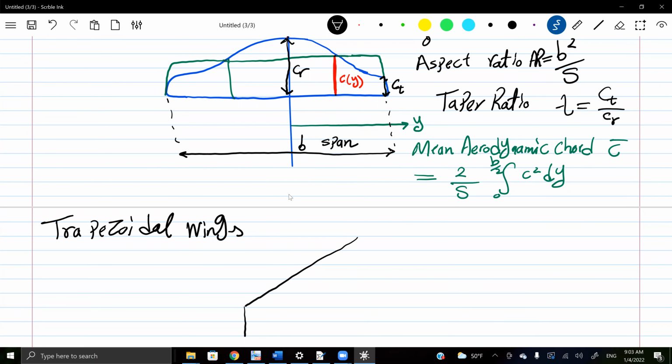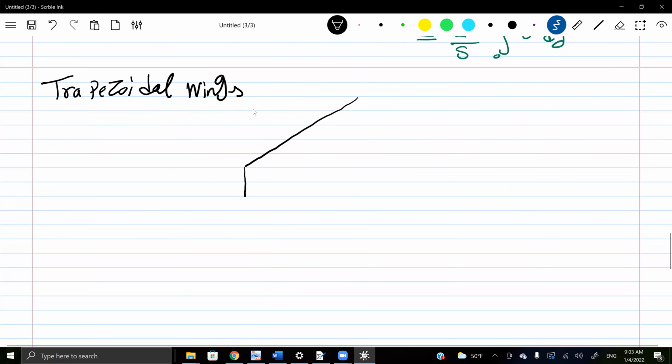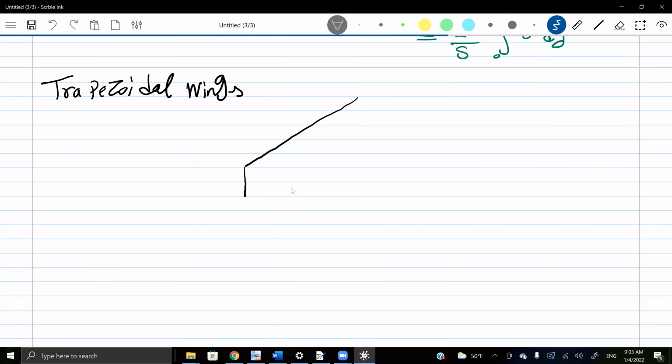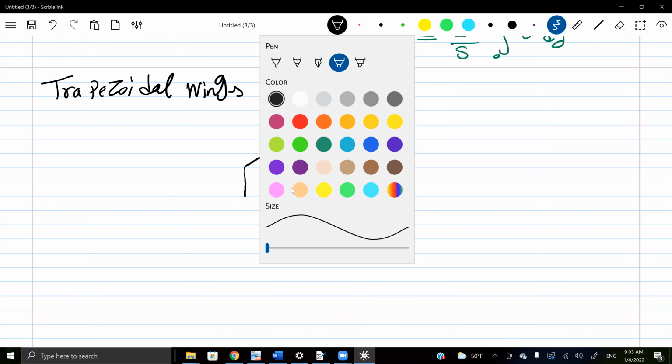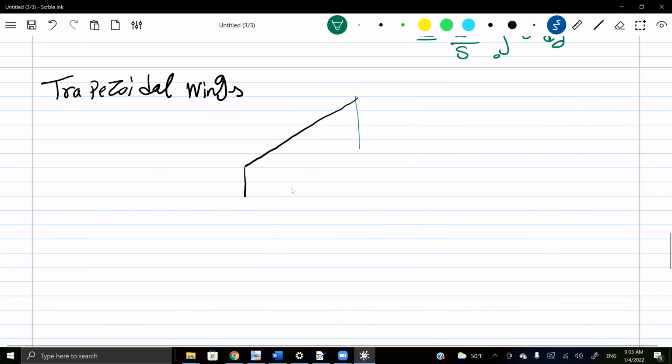For trapezoidal wings, the answer will be more straightforward, as we're going to see in a minute. So this is the wing axis.